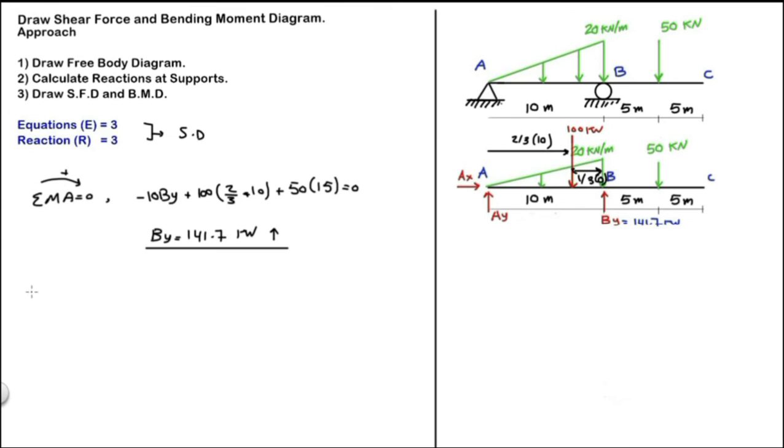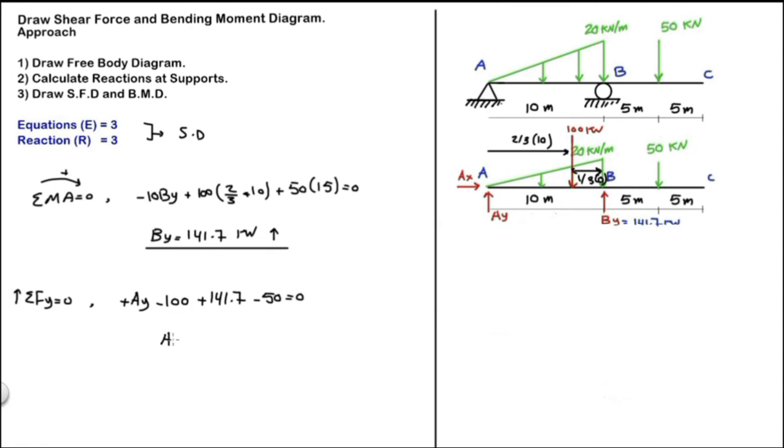Now let's take the summation of forces on the y-axis. There is plus AY minus 100 plus 141.7 minus 50 equals 0.